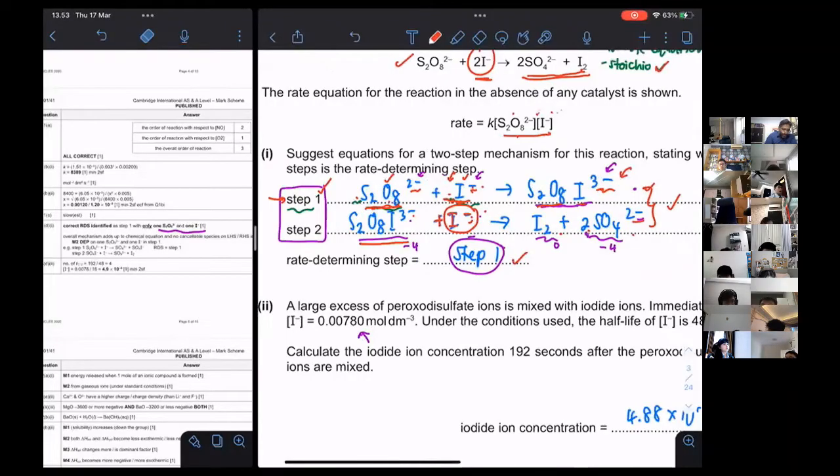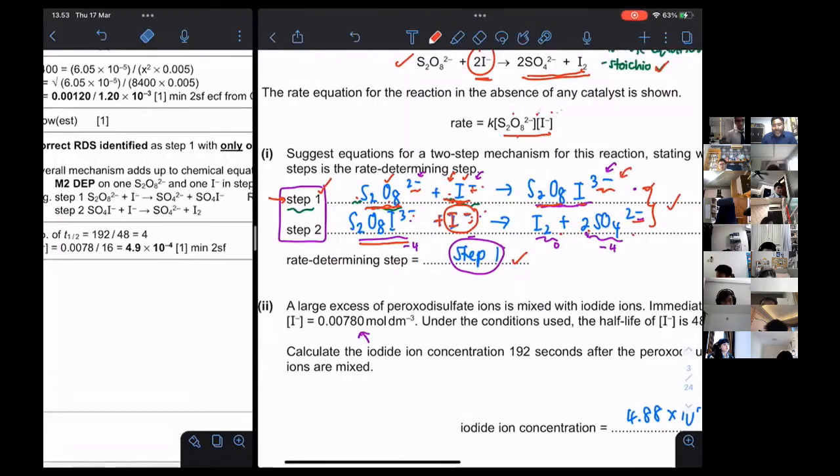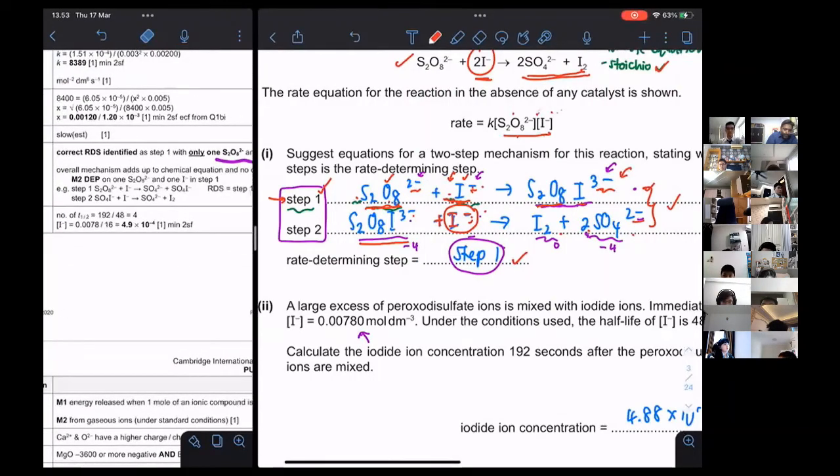If you look at the marking key, it might not be the same, but the examiner will check and then assign marks accordingly. No need to must follow. This is just an example. So it can be unique to certain people. You need to come up with a suggested intermediate.